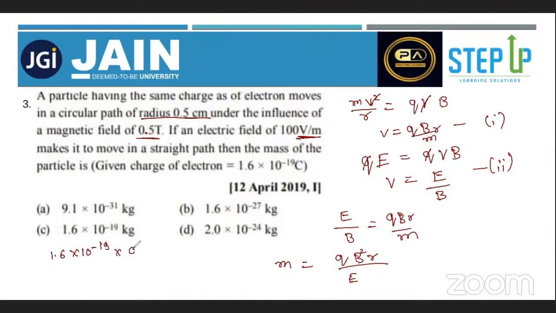B is given in Tesla, so 0.5 into 0.5, SI unit. R is the radius, it is in centimeters, so it will be converted into meters by multiplying by 10 raised to minus 2. The electric field is volt per meter, so it's in SI unit. So this is 100.